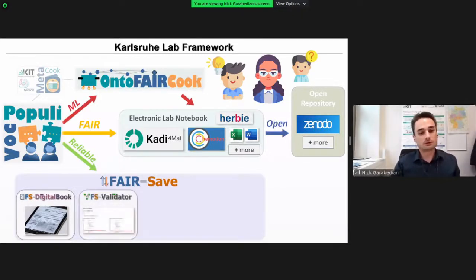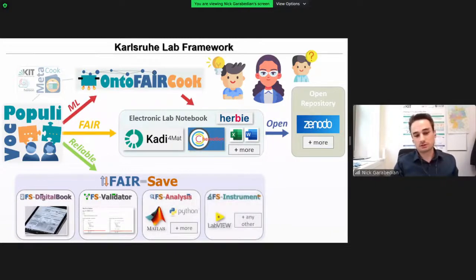You can also, using these schemas from Voc Populi, use a validator to make sure that the data that is stored in the results management systems of any of the electronic lab notebooks is within the schema that is prescribed before publishing it in an open way. And there are other solutions as well which interact with the regular work of experimental scientists.